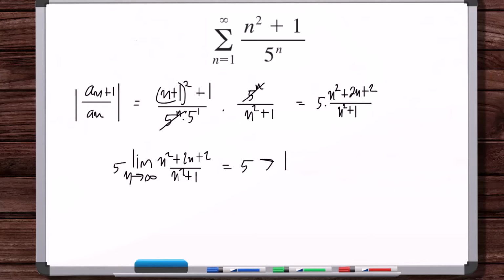This is 1/5 out front, not 5, right? This is in the denominator. So this was a 1/5. One-fifth is less than 1, so this is actually convergent.